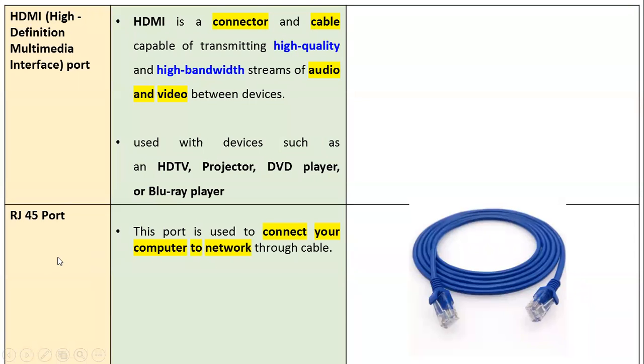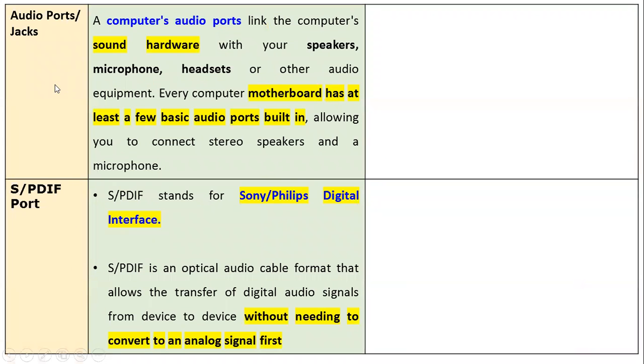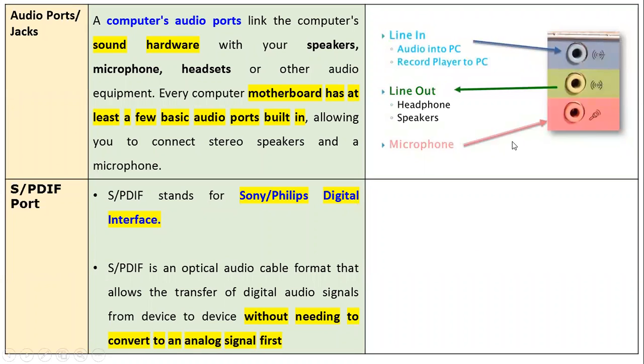Then we'll move to the next one, the audio port. Look at the diagram that I showed earlier. There are three colors: pink for microphone, green for line out, and blue for line in.